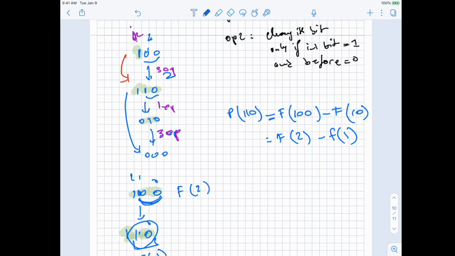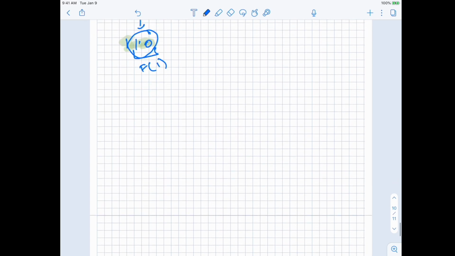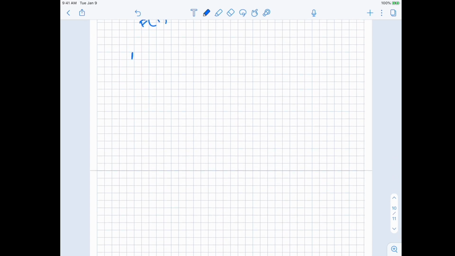But now I had only 2 bits set. Let's look at something even more complicated. Let's look at one with 1 1 0 1. Okay, maybe to complicate it even more, let's do something like this. So in this case, what do we need to do?